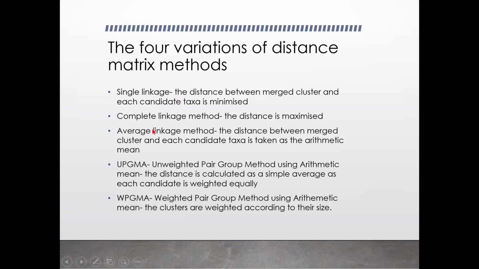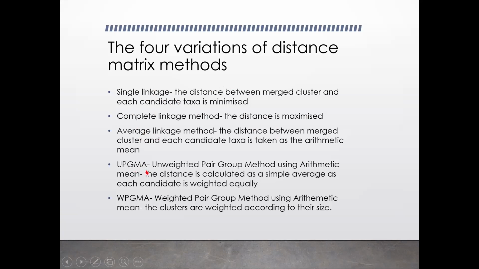Whereas in the complete linkage method, the distance between the merged cluster and each candidate taxon is maximized. The maximum distance is considered. And in the average linkage method, the distance between the merged cluster and each candidate taxon is taken as the arithmetic mean. Here again, two variations are there in this average linkage method.